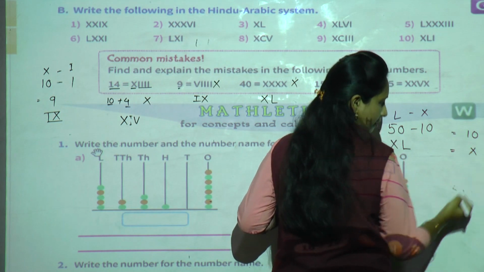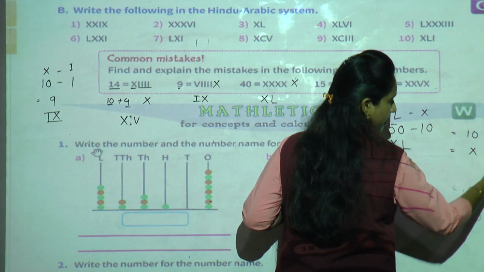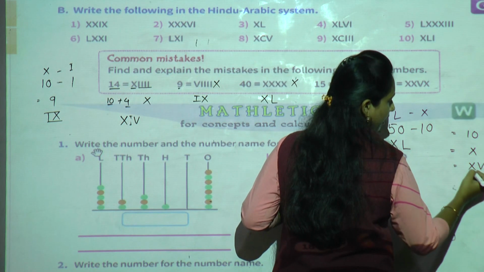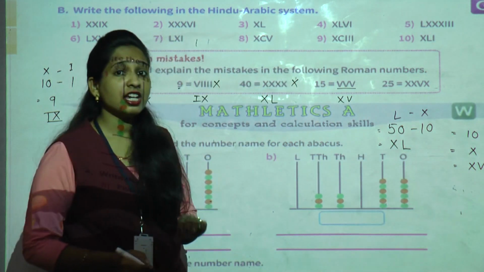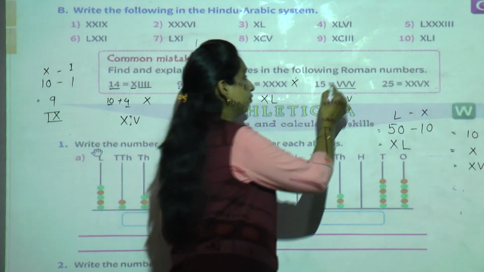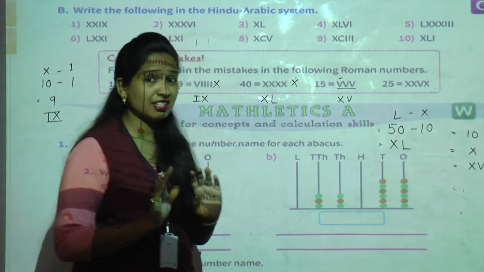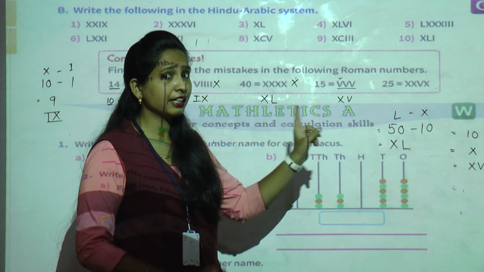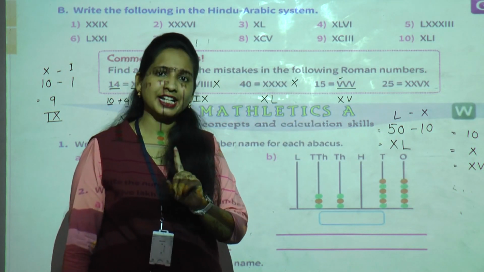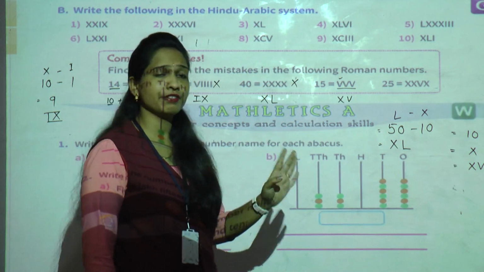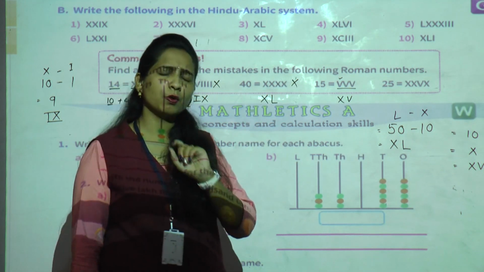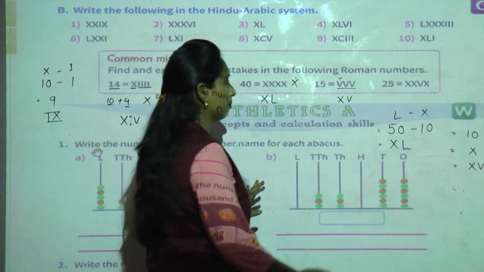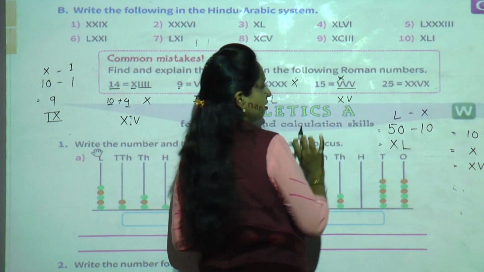So 10 is represented as X and 5 is represented as V. So we get X and V. The letter V does not repeat. We can write V only one time. So we cannot repeat V 3 times, not even 2 times. We write it only one time. So keep this in your mind. This is wrong. This is correct.